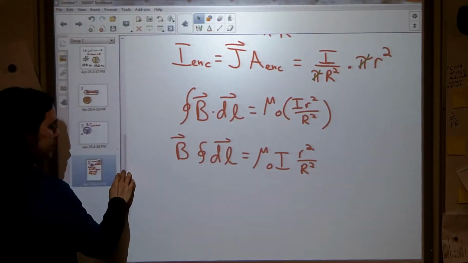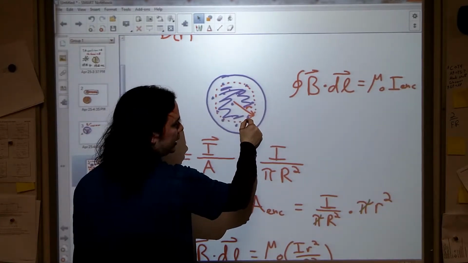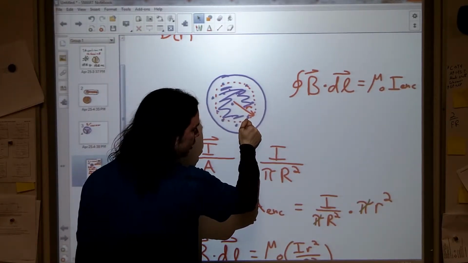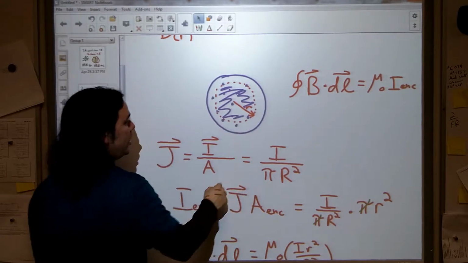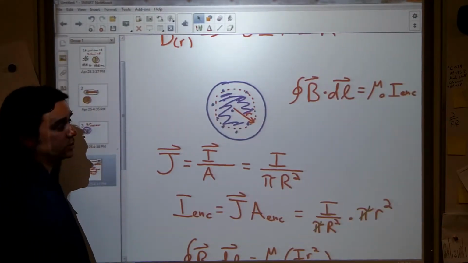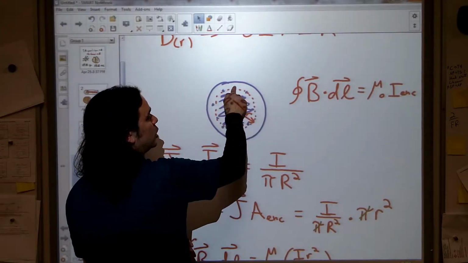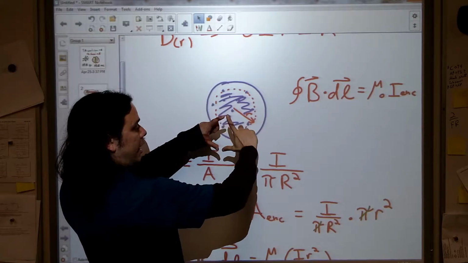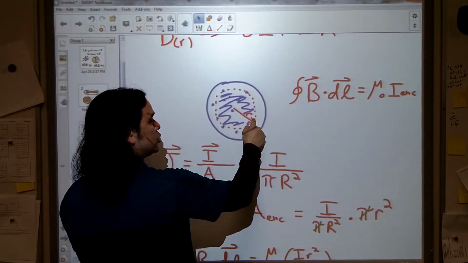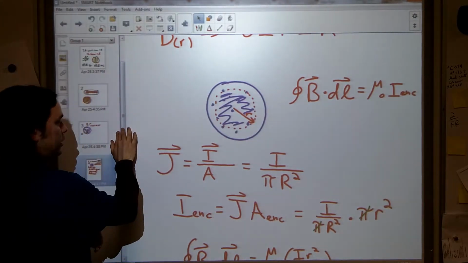I'm going to be adding up all the infinitely small little dl's here. We're looking at an infinitely small little bit of the length around here. If I add up all of those, like with Gauss's law where we end up with the total area, in this case we will find the total length around our Amperian ring, which, well, what's the distance around a circular ring like that?